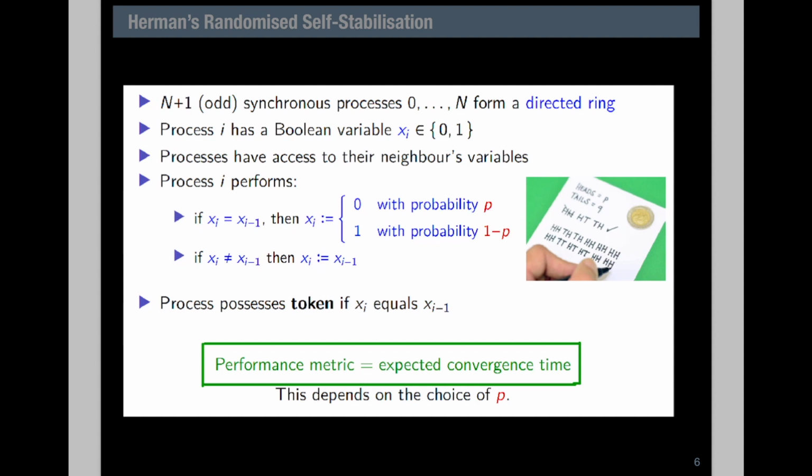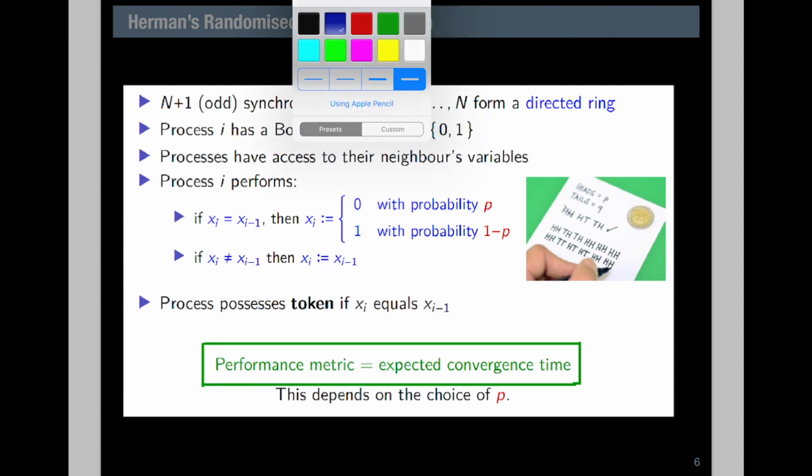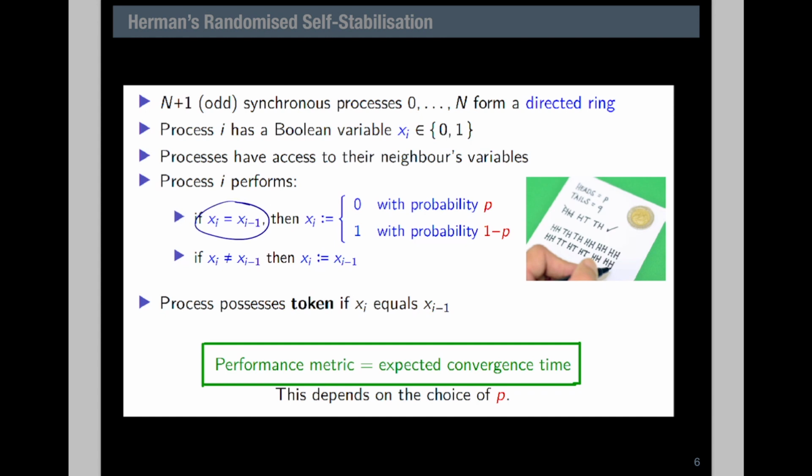Process i compares its value to the value of its left neighbor. If the values are equal, it sets its own variable to 0 with a certain probability, let's say p, and it sets it to 1 with probability 1 minus p. If your value differs from the value of your left neighbor, then you copy the value of your left neighbor.